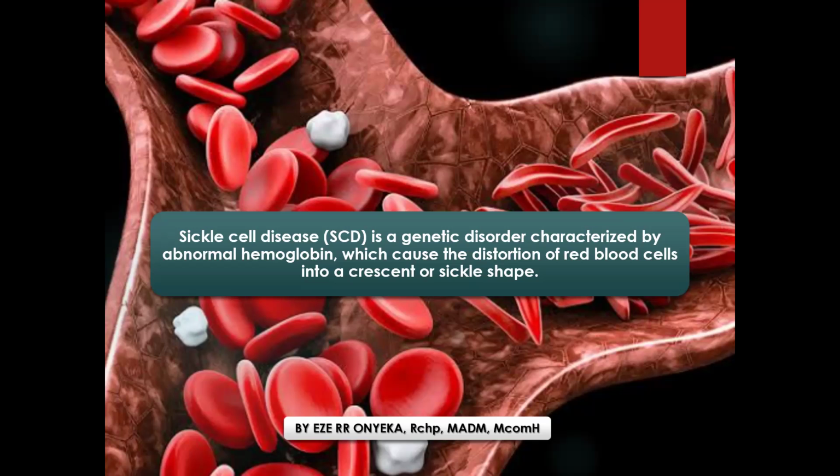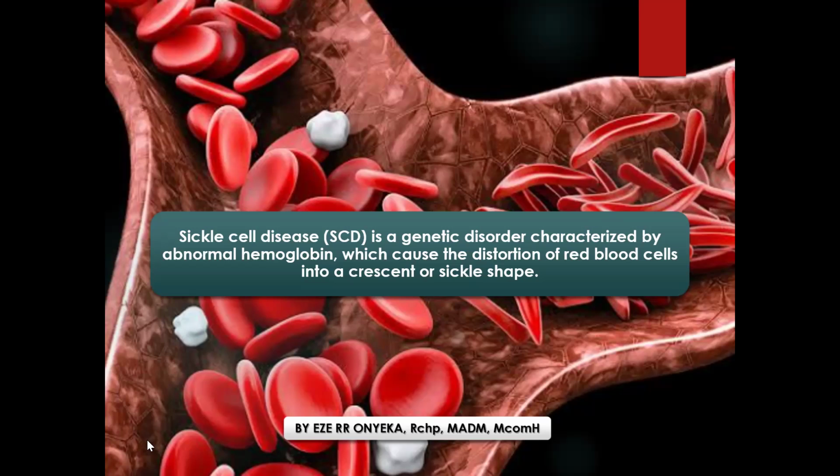What happened actually is that the sixth amino acid is changed from glutamic acid to valine. So that single substitution, qualitative substitution, is what leads to sickle cell disease or sickle cell disorder in a person.